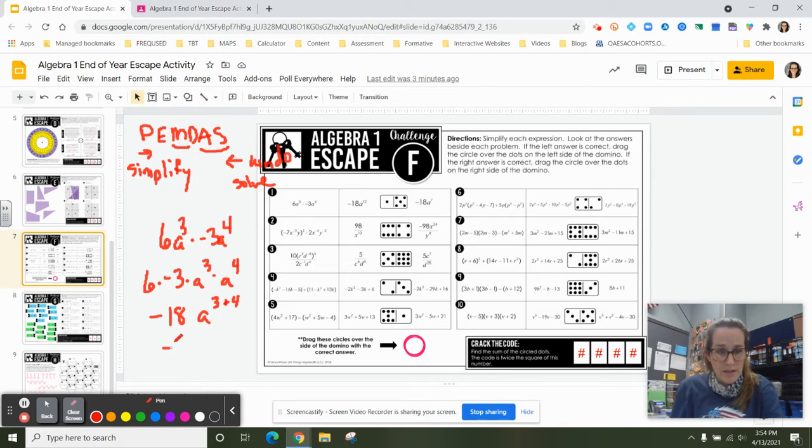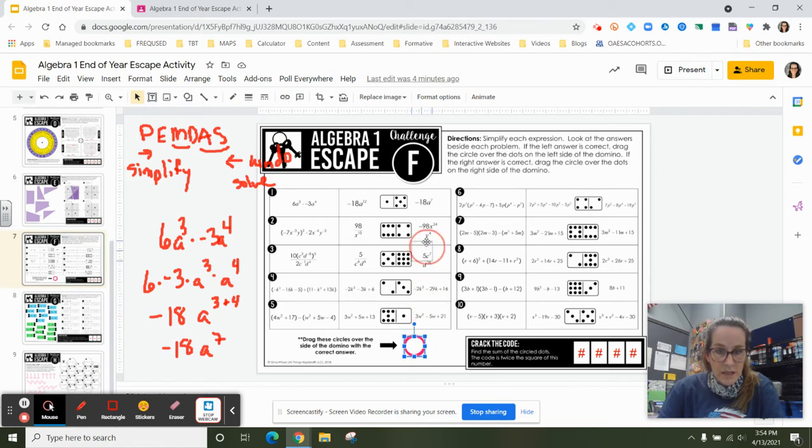So you add the exponents. So I have negative 18a, 3 plus 4 is 7, which means my answer is going to be negative 18a to the 7th. So I'm going to drag my circle right over top of that.